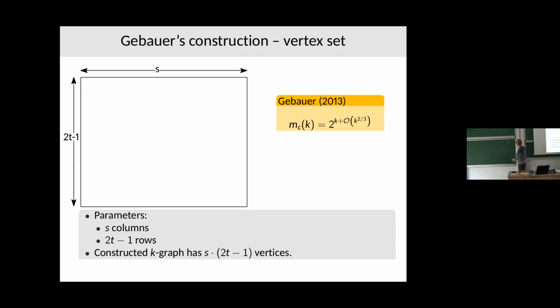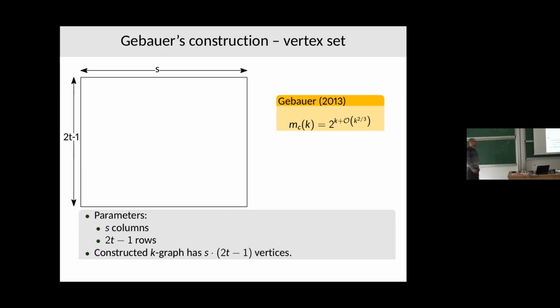Maybe I should write some values for these parameters just to help you think about them. So t will be roughly k to some power, like let's say 1/3. Okay, so t is smaller than k, it is like a cubic root.